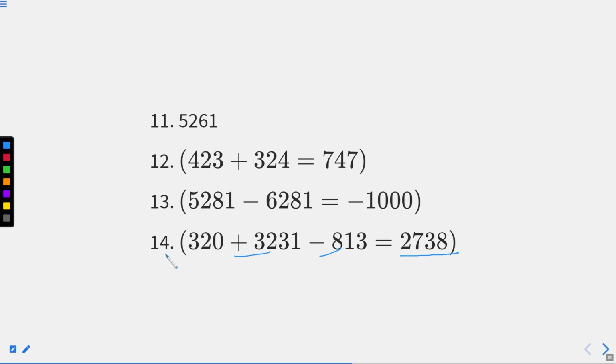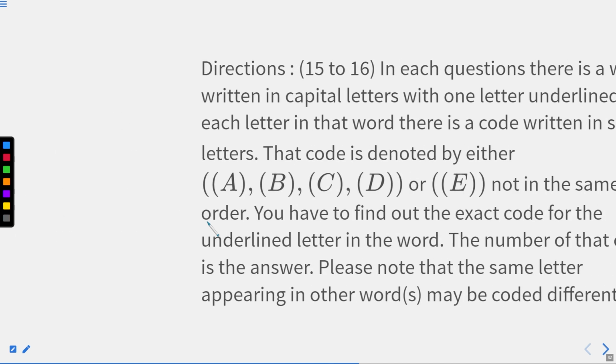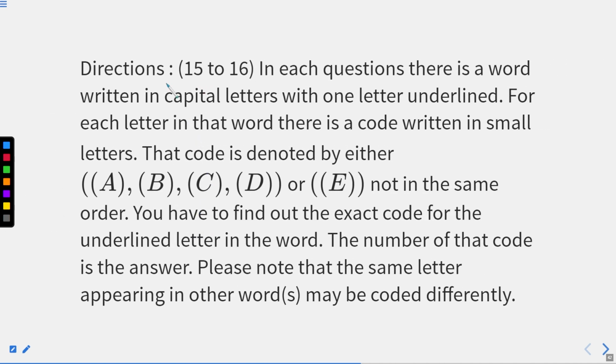Till question number 14, we have already studied 10 different concepts. Now we'll move to a few more questions which are dealing with a different kind of concept. Now this direction is for questions 15 and 16. So whenever a direction is given, make sure to read it properly.